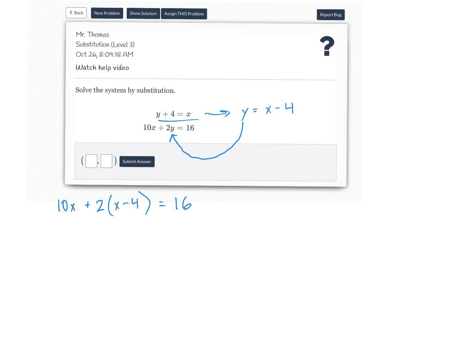So if y is x minus 4, I can erase y and plug in x minus 4, because they're both the same value. Y, get rid of it. I can write x minus 4 instead. And this is helpful. Why? Because look at it now. The only variable I have here is x. So I can find the value of x, and I have half the solution.